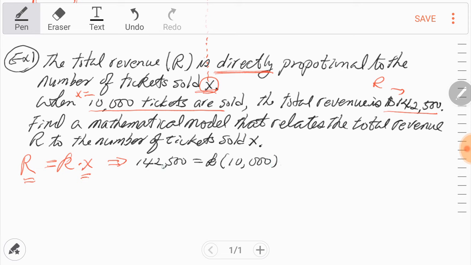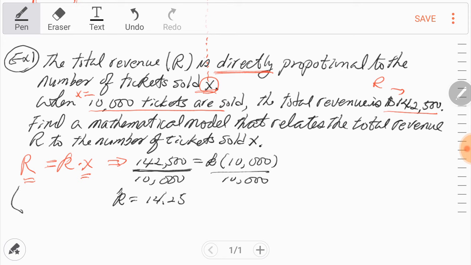So let's find k: divide each side by 10,000. Then k is equal to, you don't have to use the calculator, we can move the decimal point four places to the left. So it will be 14.25. So k is 14.25.